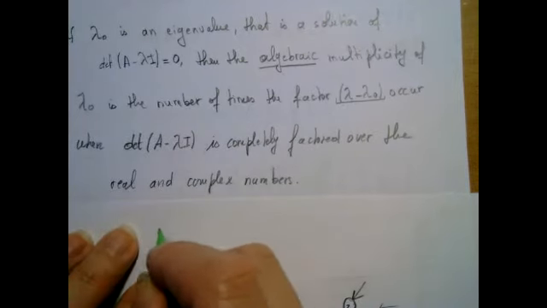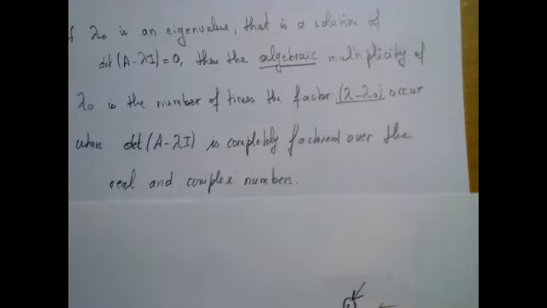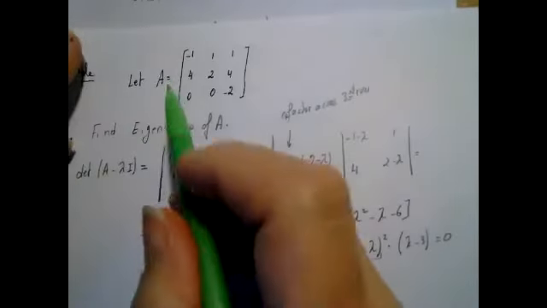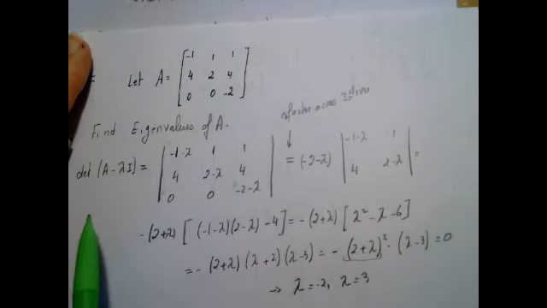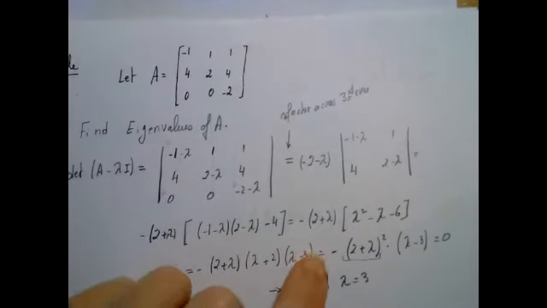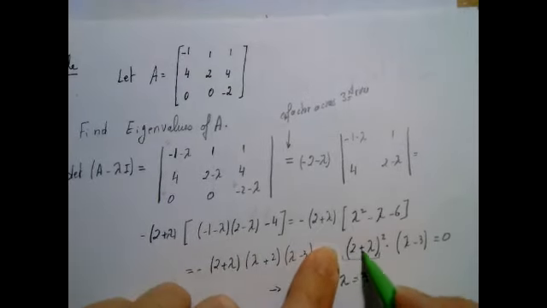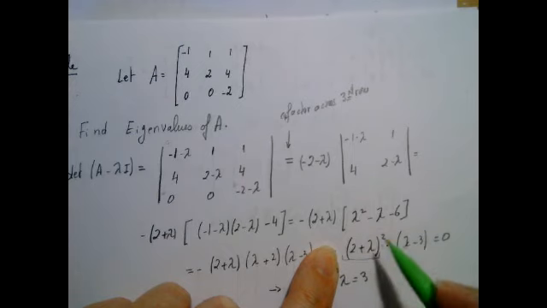In the previous problem that we did, this problem that I did a minute ago, that's matrix A. And I computed the determinant. As you realized, we got the factor 2 plus lambda twice, 2 plus lambda square. And lambda minus 3 occurred only once.